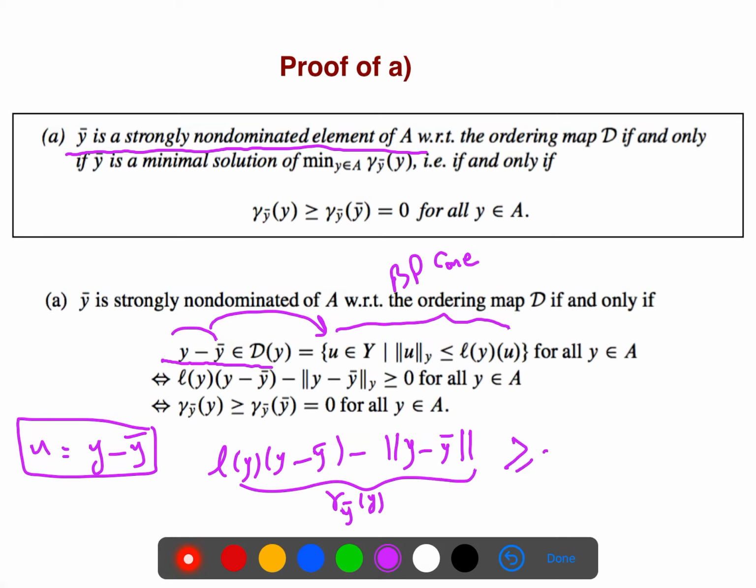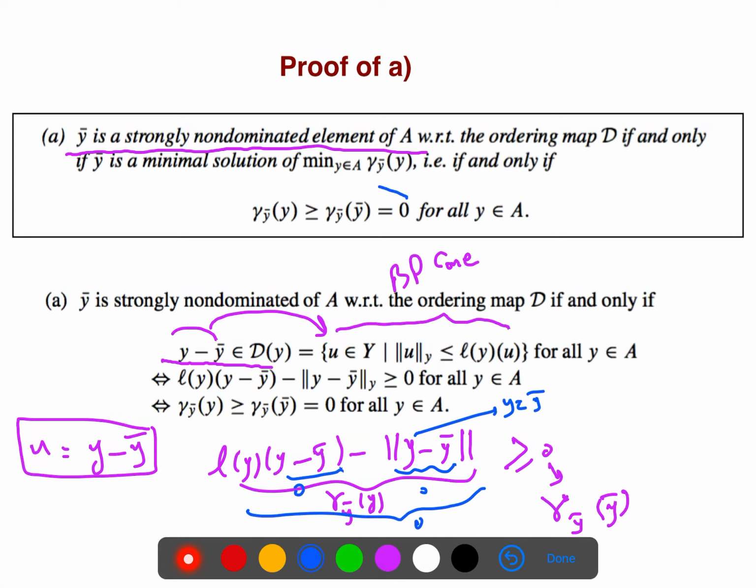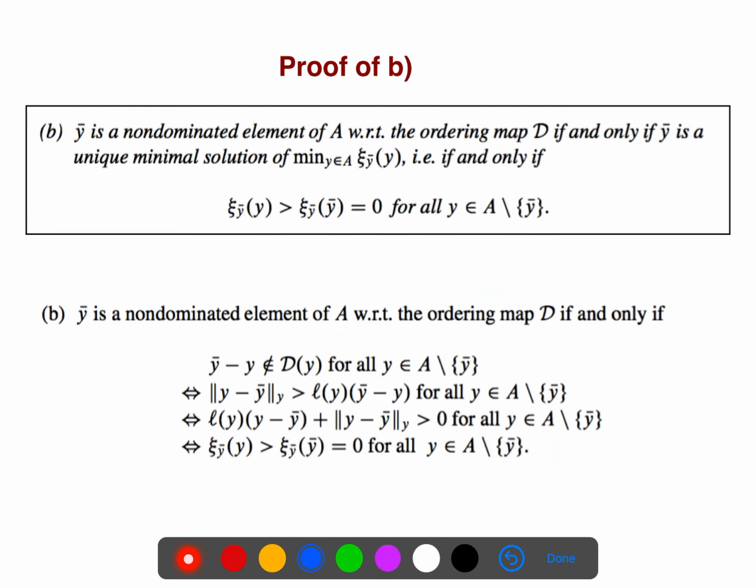Because this is greater than or equal to 0, it can be written as gamma y bar evaluated at y bar, because if we put y equal to y bar, this becomes 0, this becomes 0, and the whole thing becomes 0. That is why the functional becomes 0 at points that are strongly non-dominated elements.